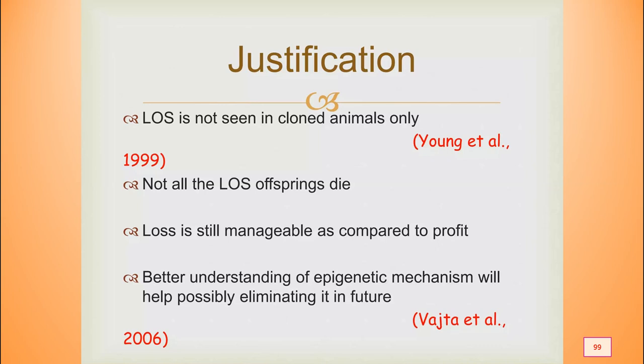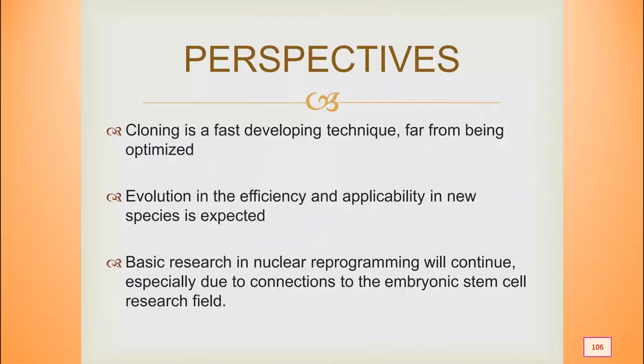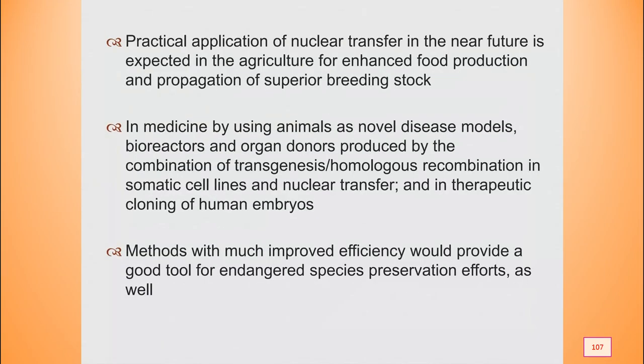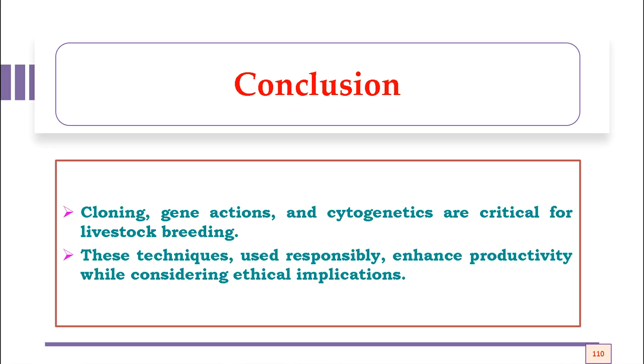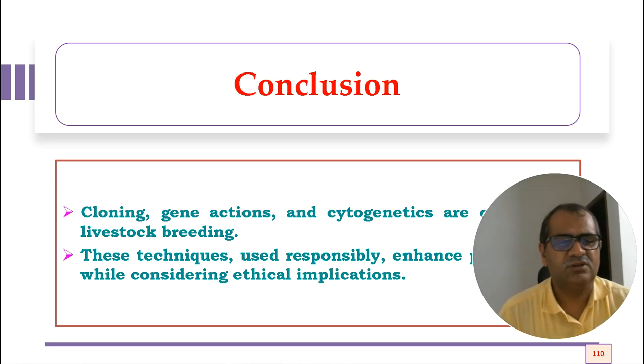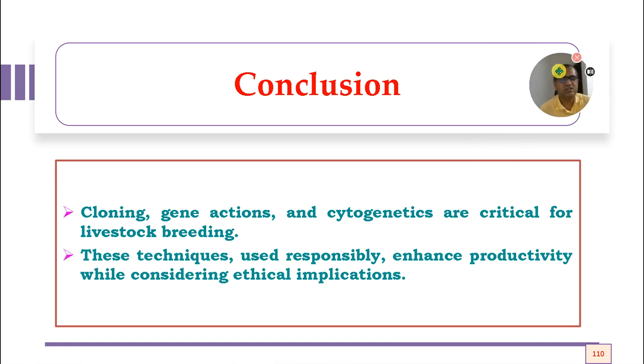So ultimately what we can conclude is that cloning, gene actions and cytogenetics are an integral part of animal genetics and breeding, and these are very crucial for livestock breeding.